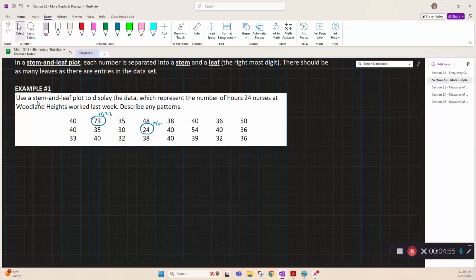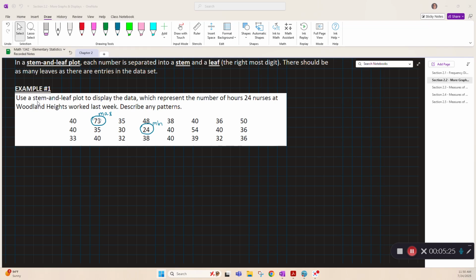Now we need to think, what stems do I need? The leaves are always the rightmost digit. But I need to start with my lowest stem, which in our case would be 20.